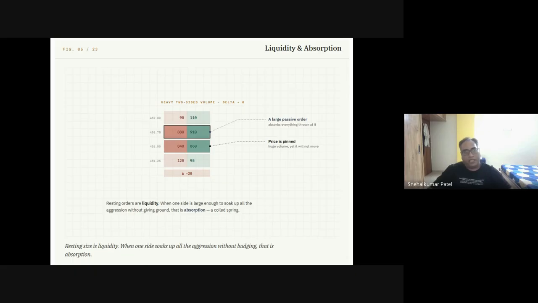Unless a market order executes this order and price moves, this liquidity is not swept. When we say liquidity is swept, that essentially means that the limit orders in the order book are consumed by the market orders. That is called a liquidity sweep, and that's how the price moves.